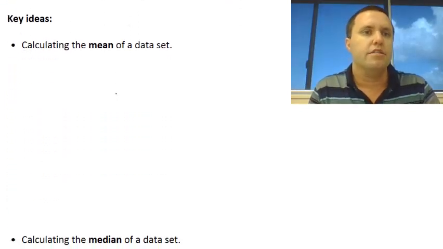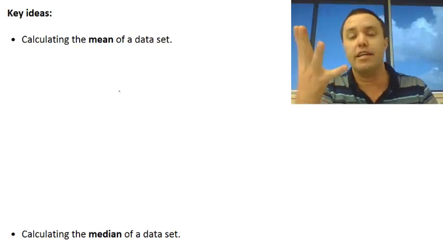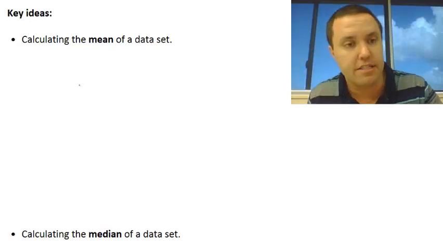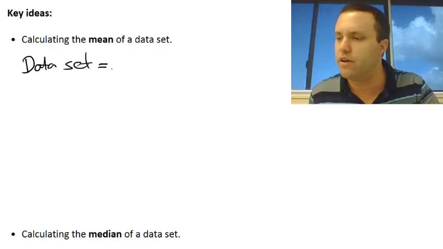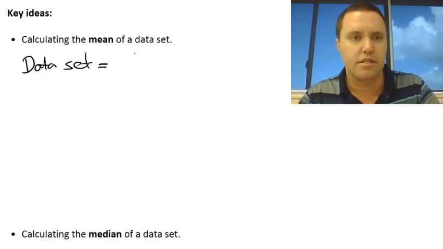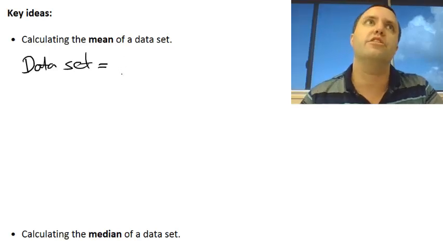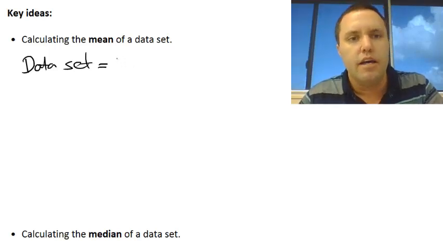Okay, so some key ideas. Let's think about calculating the mean of a data set. A data set is just a set of numbers. Let's say this is the average number of Cassies that people know.